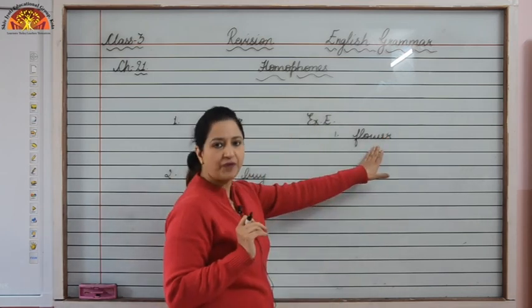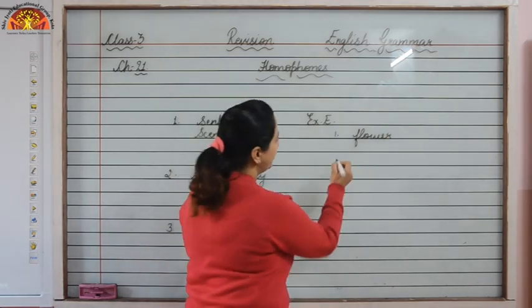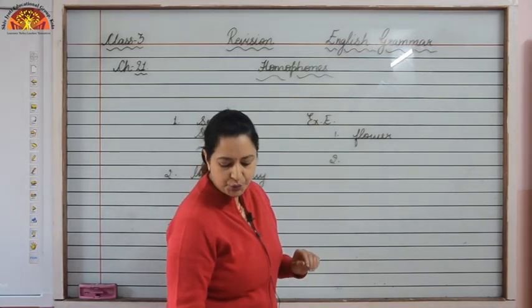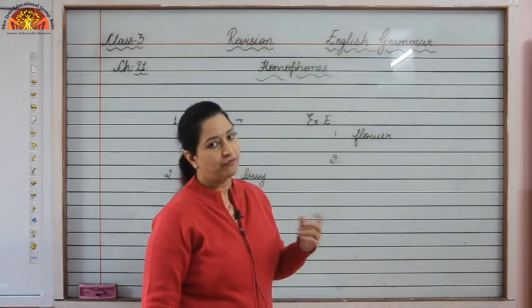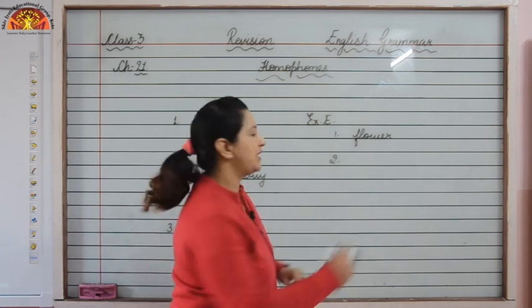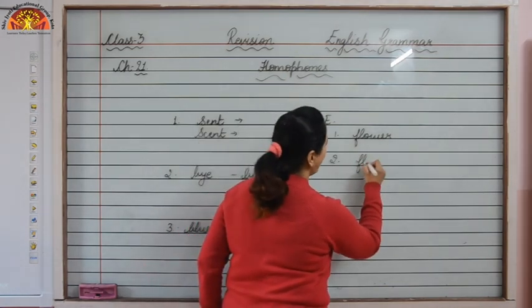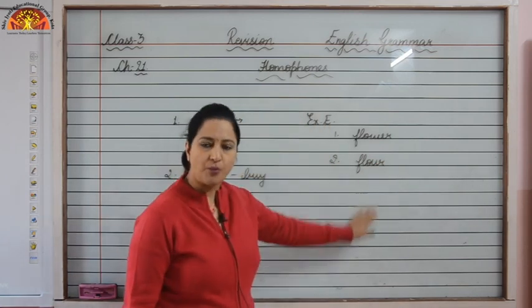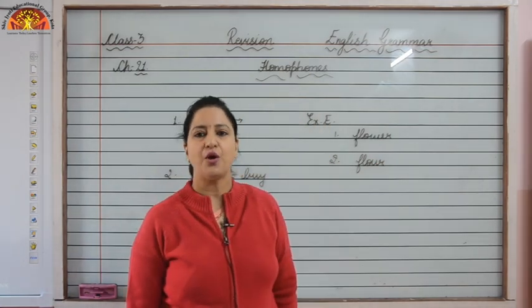This is flower. Now number 2, the baker ordered 2 bags of flour for the bakery, but this flour is F-L-O-U-R. So now I think homophones are also very clear to you all.